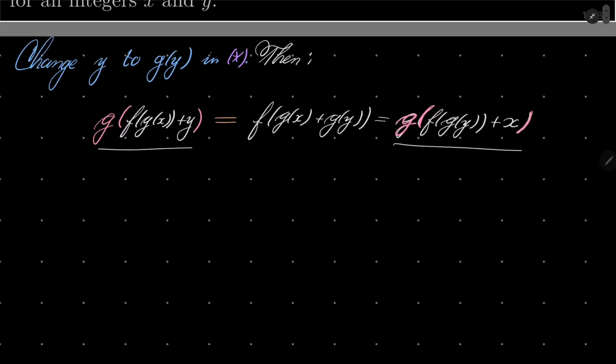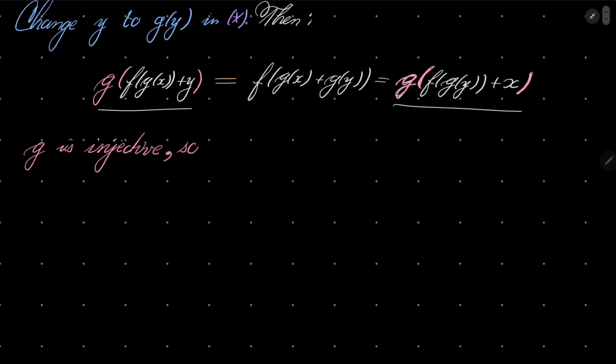And I will use now the fact g is injective. Since g is injective, we can get rid of this outer occurrence of our function g, and we can deduce now that f of g of x plus y equals f of g of y plus x.